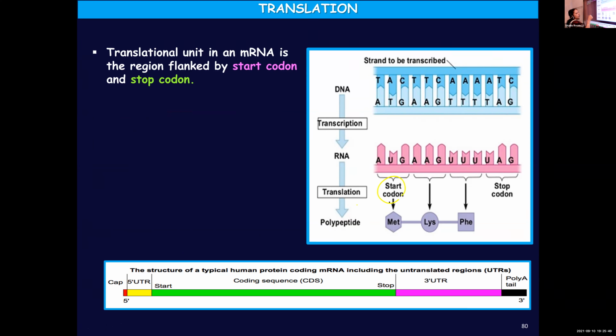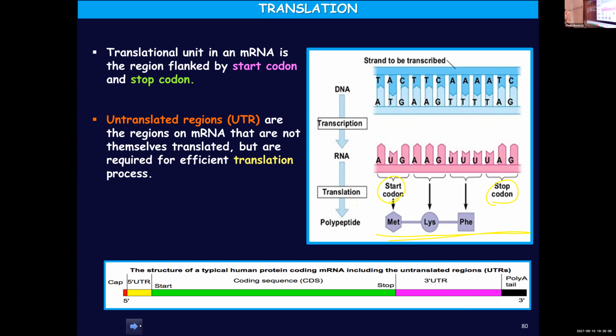There is a start codon at one end and a stop codon at the other. It is flanked, or bordered on either side, by the start codon and stop codon. So a translational unit in a messenger RNA is a region flanked by the start codon at one end and the stop codon on the other.